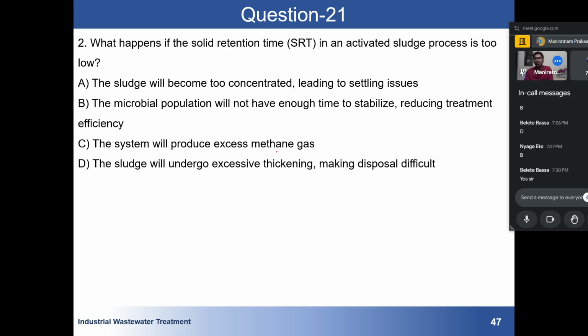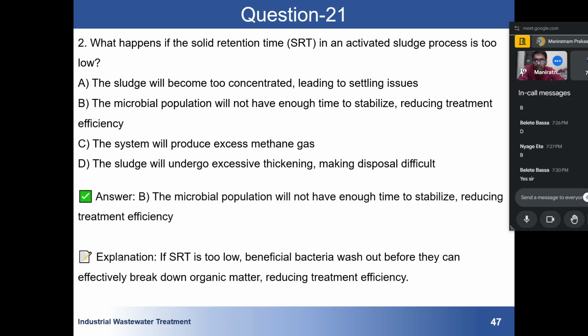Answer it. Solid retention time is simply for how much time the solids are being retained in the digestion process. The correct answer is B.